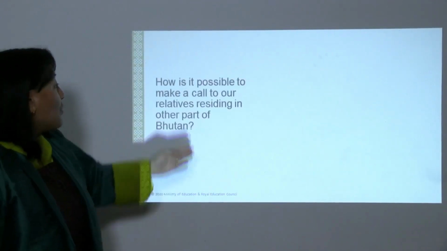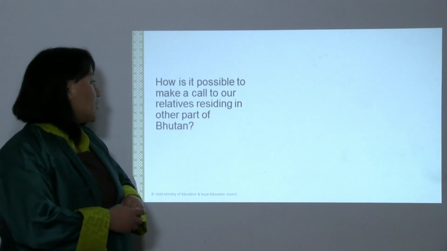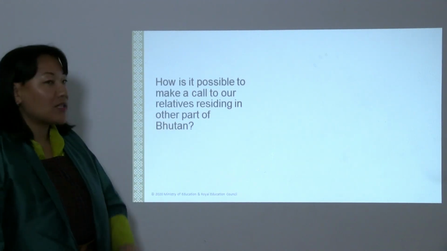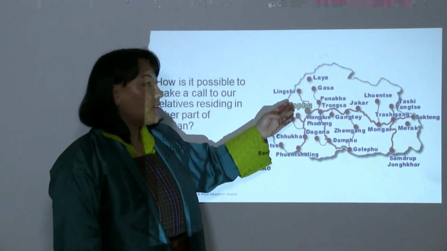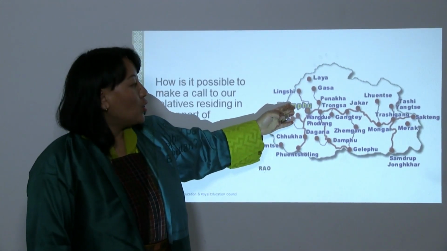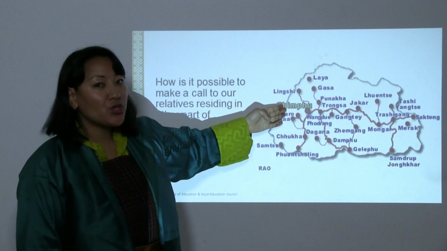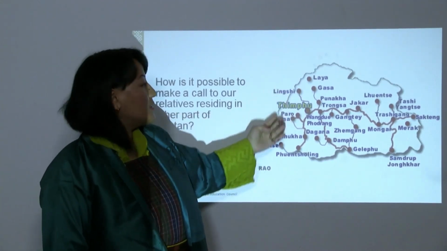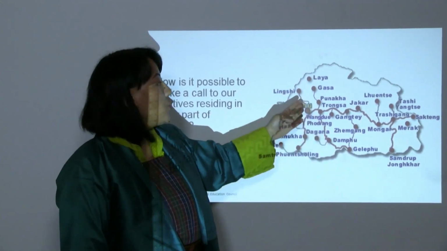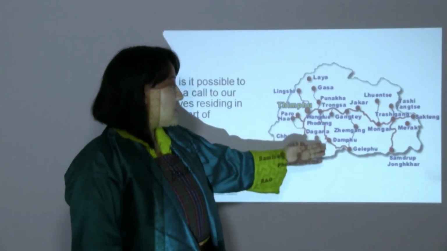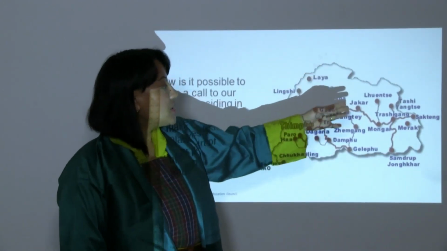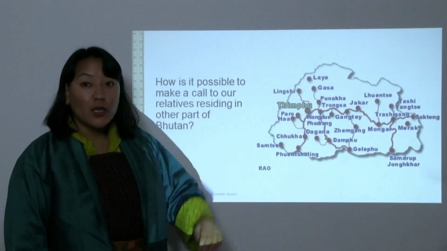Now, how is it possible to make a call to your relatives residing in other part of Bhutan? For example, currently you're at Thimphu. Now, you can talk to your parents, friends, cousins or any other relatives who are placed in other parts of Bhutan, like Dampu, Galefu, Hlensi, Tashikang and other parts of Bhutan.